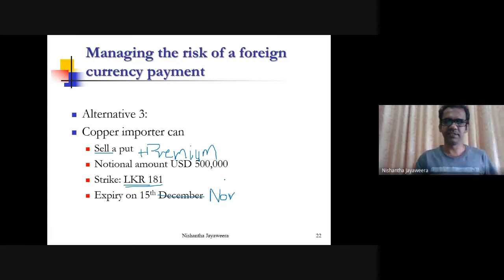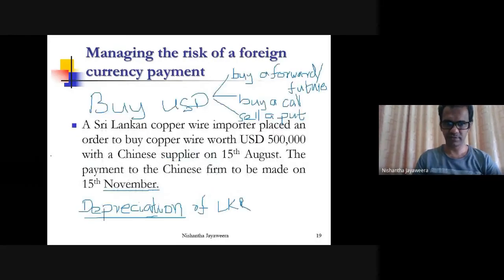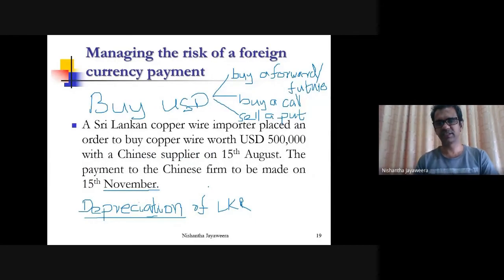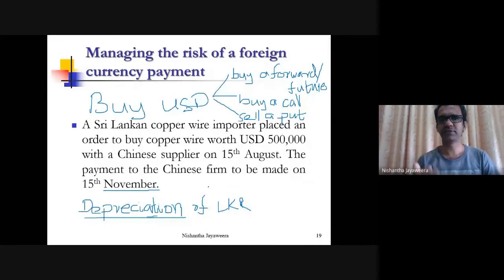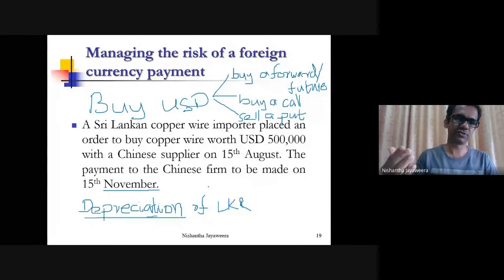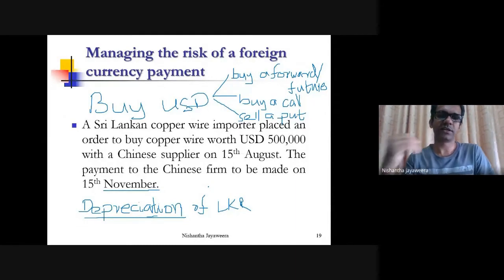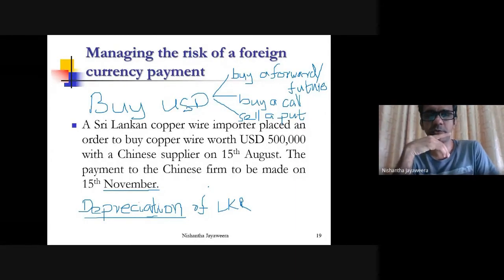So initially for both parties, in the case of importer or exporter, the initial risk was the movement of the exchange rate, either appreciation or depreciation, depending on your position, whether you are expecting a foreign currency receipt or about to make a payment.